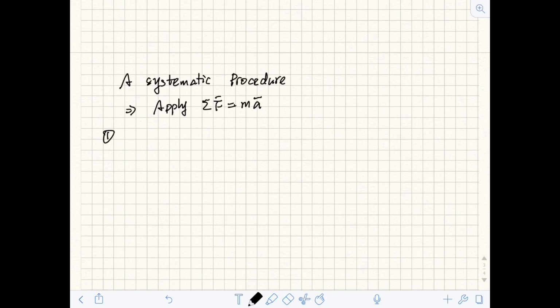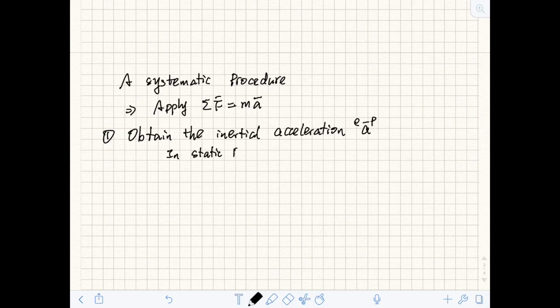So first, we need to obtain the inertial acceleration, because we know Newton's second law only applies for an inertial frame. And in static problems, we have a bar equal to 0 because nothing is moving.